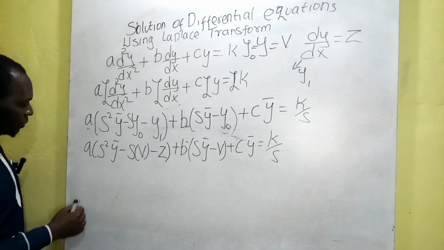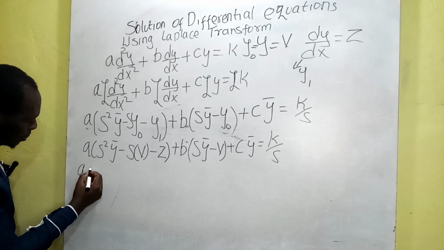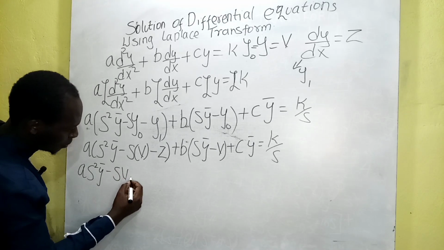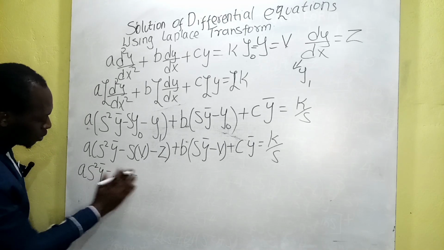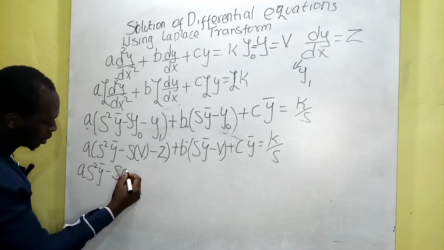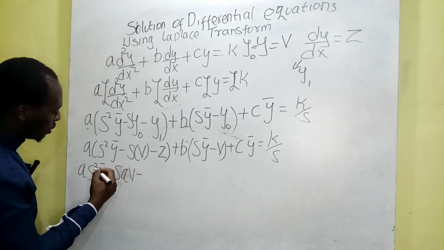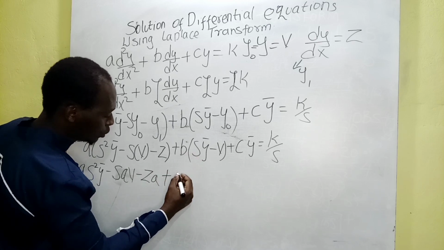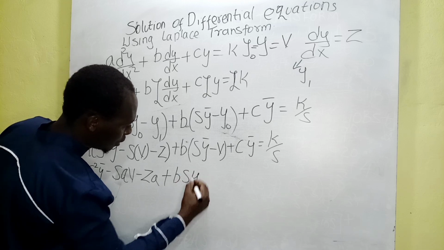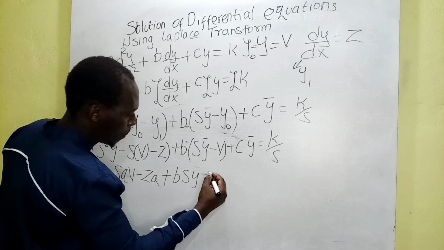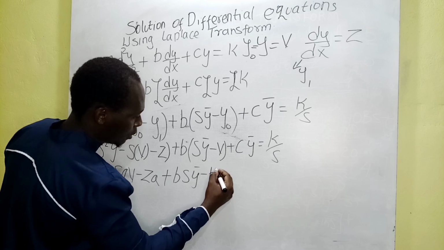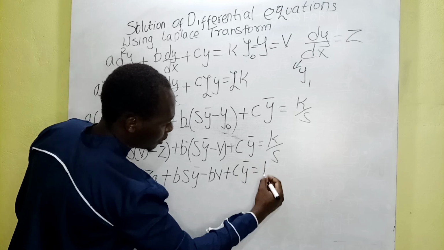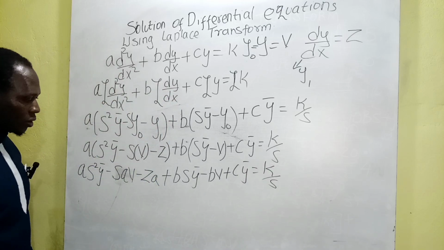We can come and open the bracket, and now we are going to have a s squared y bar we subtract from s a v we subtract from z a. We add to b s y bar we subtract from b v, we add to c y bar, everything is equals to k all over s.